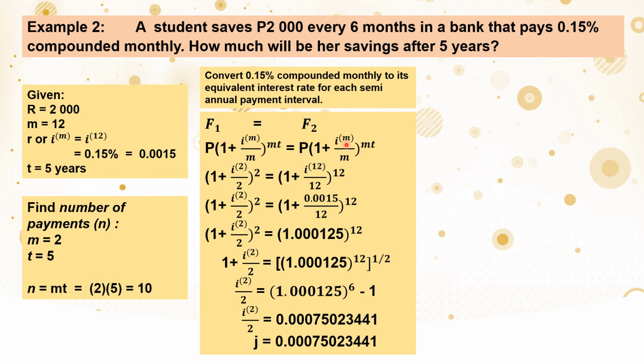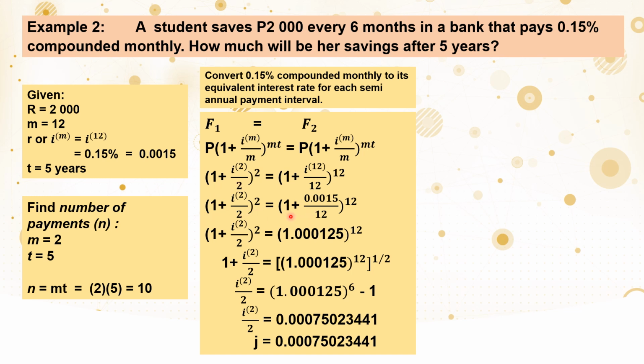So, just change all M here into 12. So, 12, 12, 12. Next is substitute the value of I raised to 12. So, our I raised to 12 is 0.0015. So, we now have here 1 plus I raised to 12, which is 0.0015 over 12, raised to 12. On the other side, just copy this one.